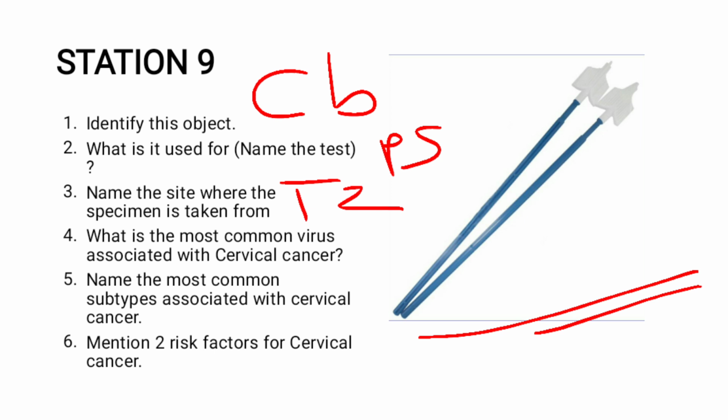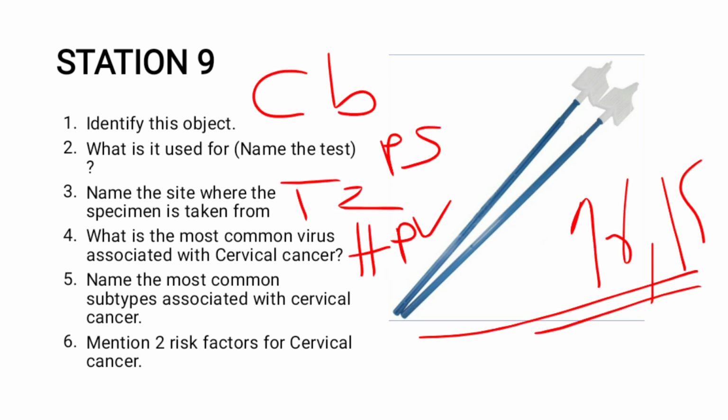And then what's the most common virus associated with cervical cancer? So it's HPV, human papilloma virus. They ask for the most common subtypes associated with cervical cancer. The most common subtypes are actually 16 and 18.